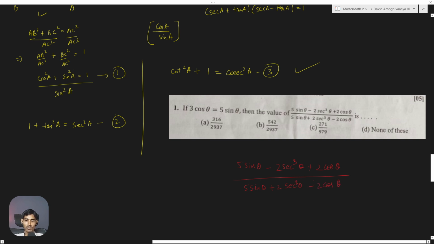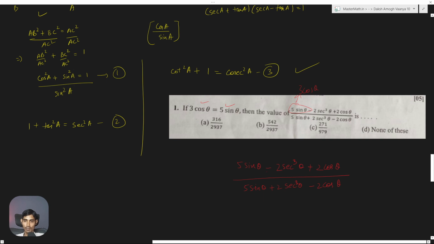Okay. Hmm, I'm blank now. Okay. See, what we have to get rid of is basically this 5 sine, because cos and secant are basically the same thing, so that should be easily solvable. So 5 sine theta we can put as 3 cos theta.